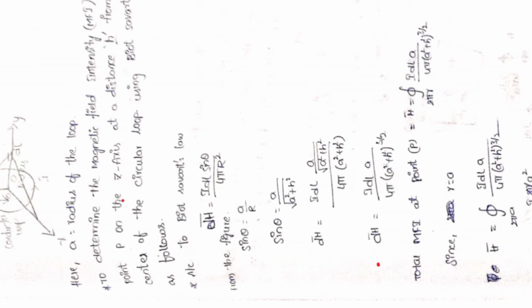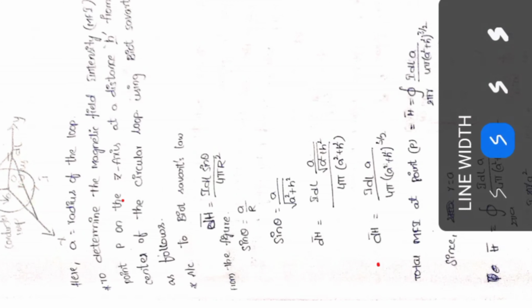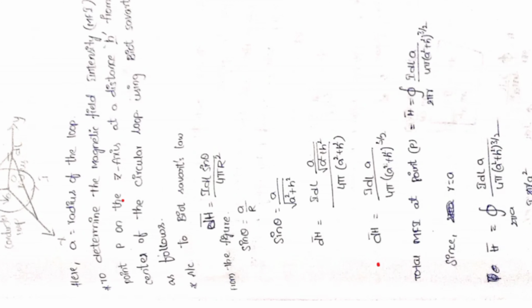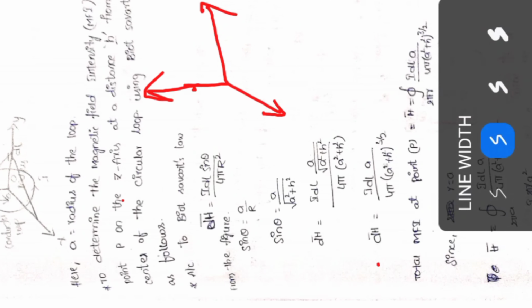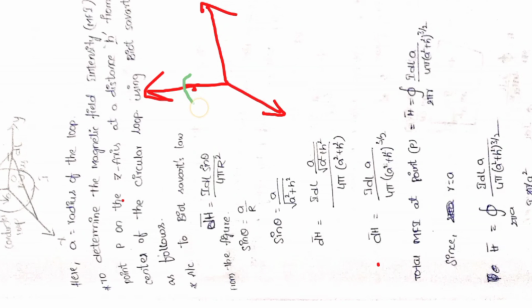I can redraw the XYZ coordinate system here. This is the XYZ coordinate system we consider first for a circular loop. The conductor is in the form of a loop, and A is the radius.